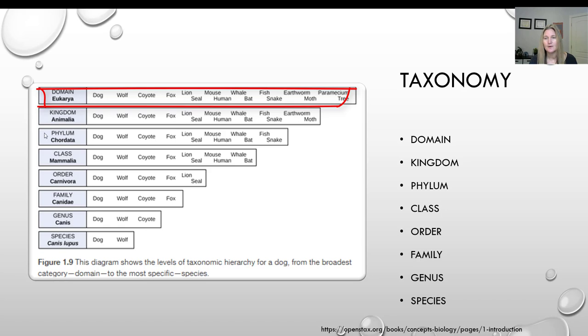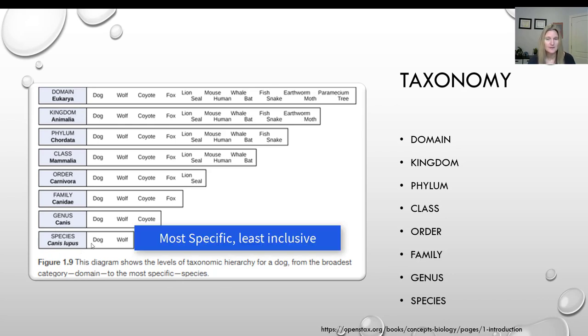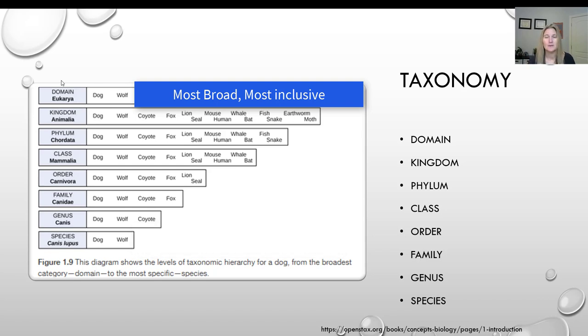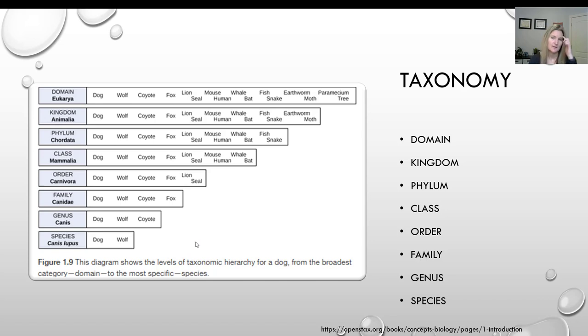So you can see how our classification system, our taxonomy, goes from the most specific individual species to the most broad, okay? The domains of life. There's those 3 domains of life, which we'll get to in a second. But before I continue with the domains of life, I do want to concentrate on the species level.